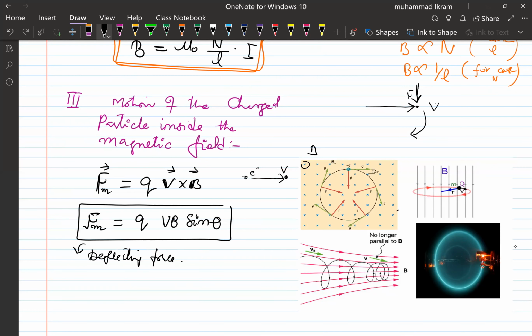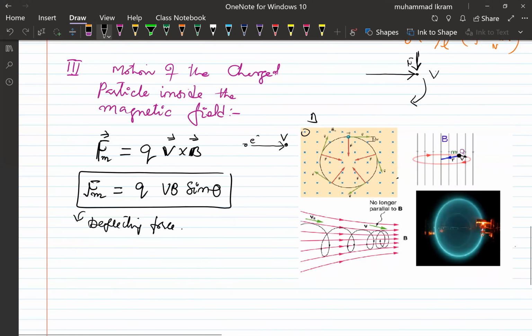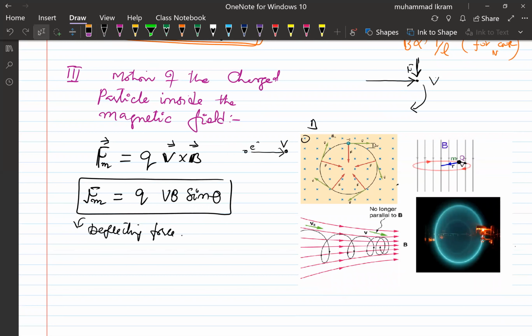Deflecting force. So whenever a charged particle enters into a magnetic field, it experiences a deflecting force which keeps it moving around a circular track inside the uniform magnetic field, right?